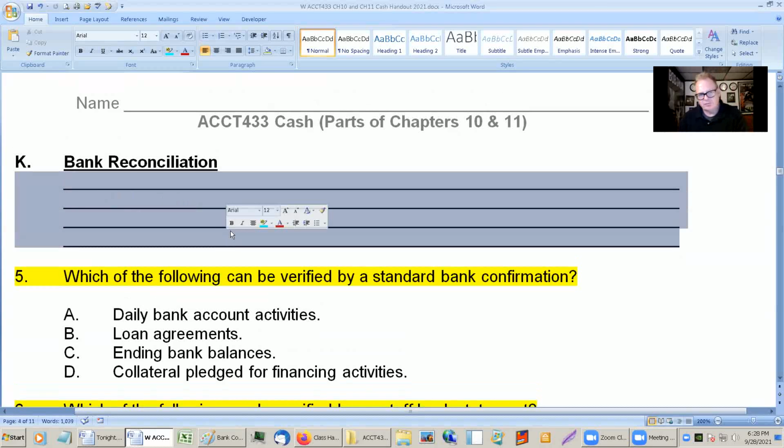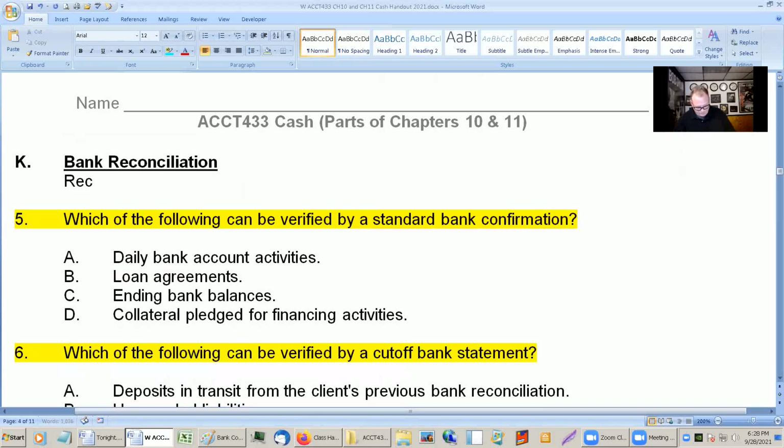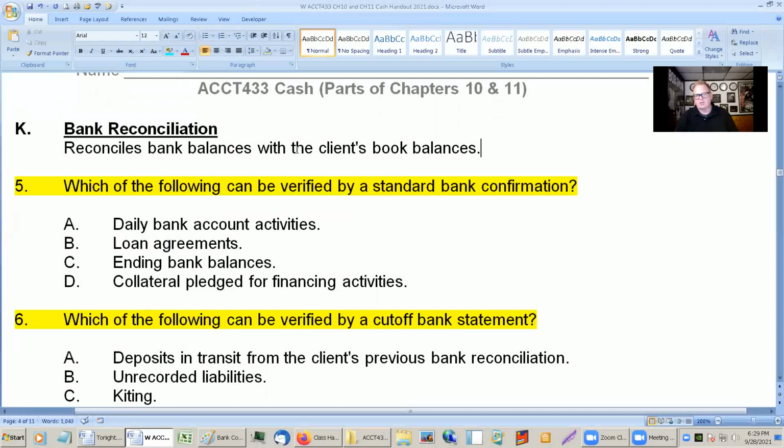So bank reconciliation. It reconciles bank balances with the client's balances. When I say balances, they may have more than one account. So it reconciles bank balances with the books, with the client's book balances.